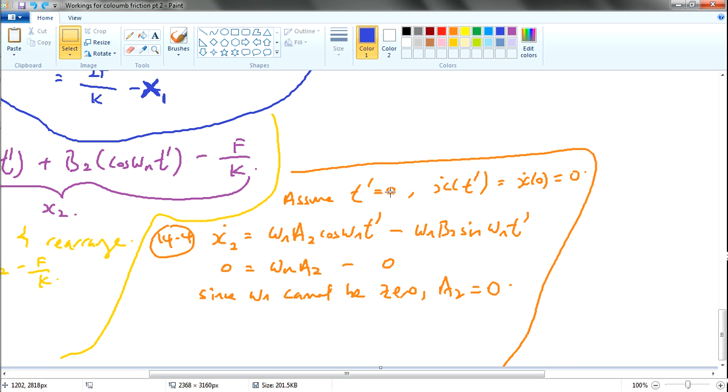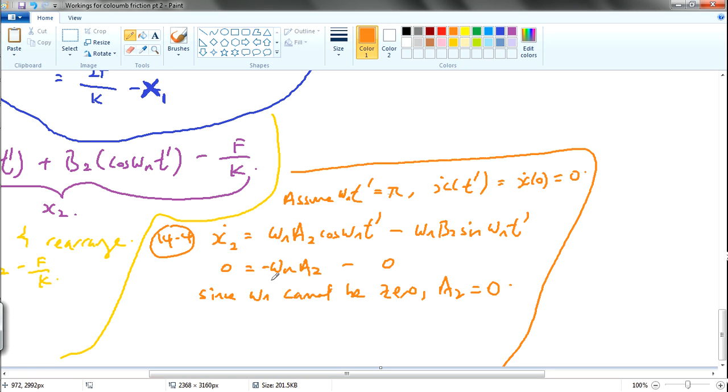Give me a moment, hold on. I just found out why we don't put it as t prime equals 0, but rather omega t prime equals pi. So when you sub it in, this one will become minus omega natural frequency a2 times sine pi, and because sine pi is equal to 0, the other side won't do anything.